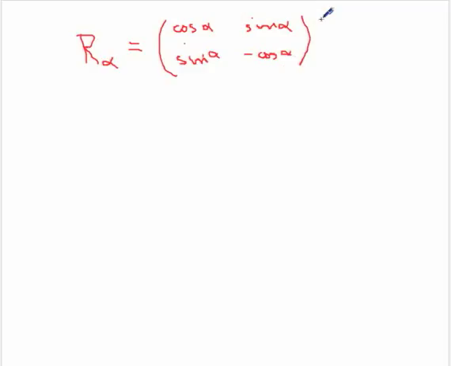So for example, if I apply R of alpha to our unit vector in the x direction and multiply this out, I just get cosine and then sine, so I get just this first column here. If I apply it to the unit vector in the y direction, of course I just get the second column.